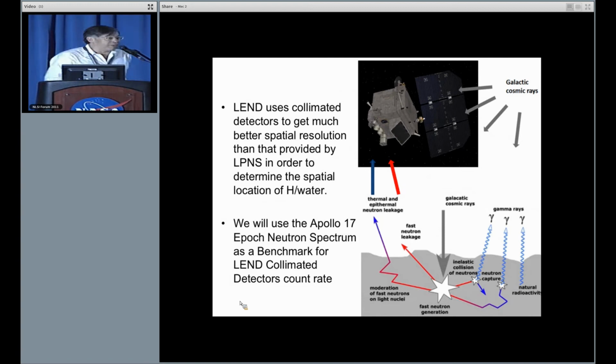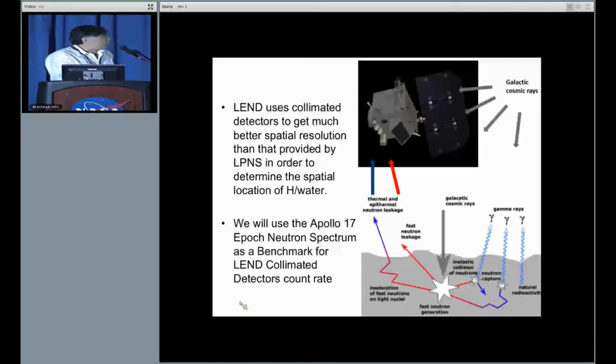That's why the benchmark of using the Apollo data era is important, because it gives us a unique measurement of what the process is at that era and how it affects the modulation of the neutrons in the regolith.